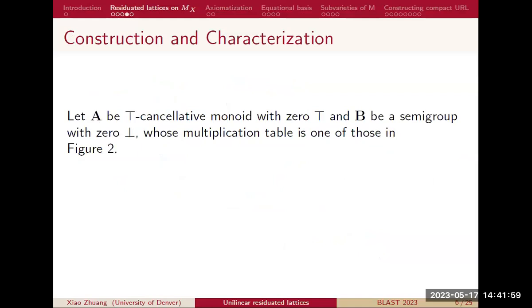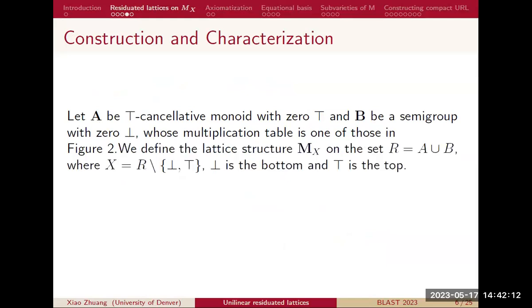So now we start with a monoid with a 0, T-cancellative, and another semigroup with 0 bottom, whose multiplication table is one of the 4 multiplication tables, and we define the universe of the restricted lattice we want as the union. Since we want it to be of the form M sub x, we set our x to be everything except the top and bottom.